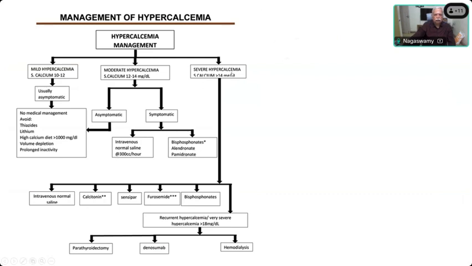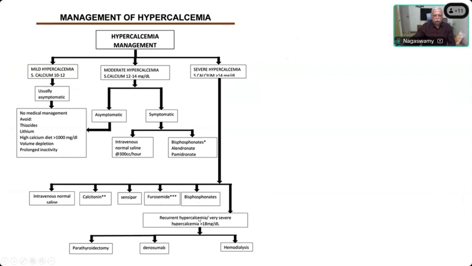For severe hypercalcemia, which is more than 14 milligram per deciliter, you can use all these treatments: normal saline, calcitonin, which is available as a nasal spray, Sensipar, furosemide, bisphosphonates.